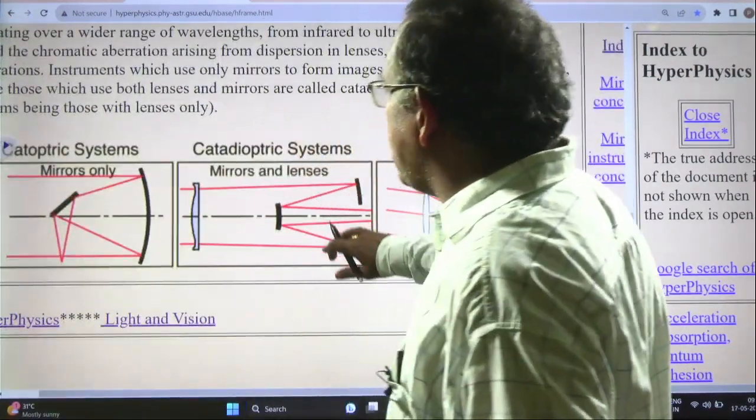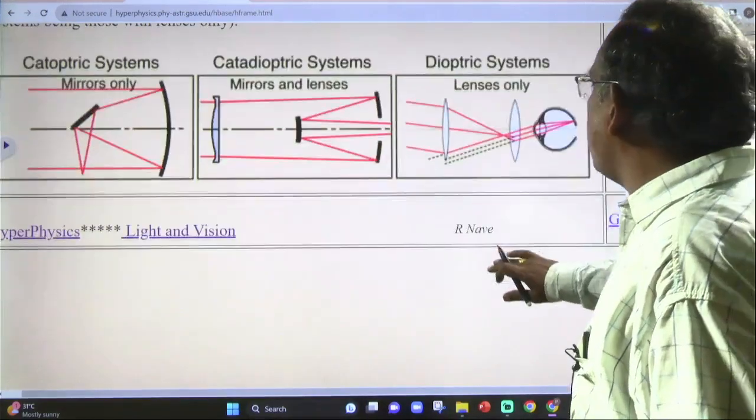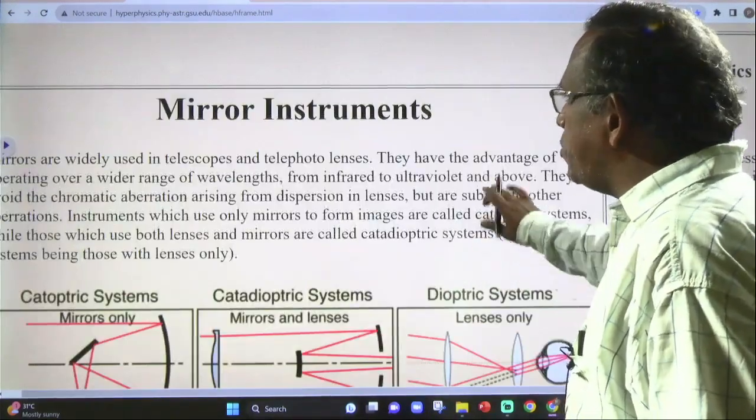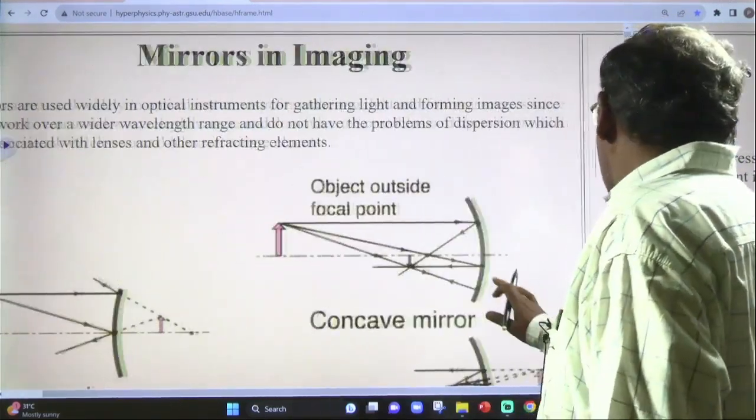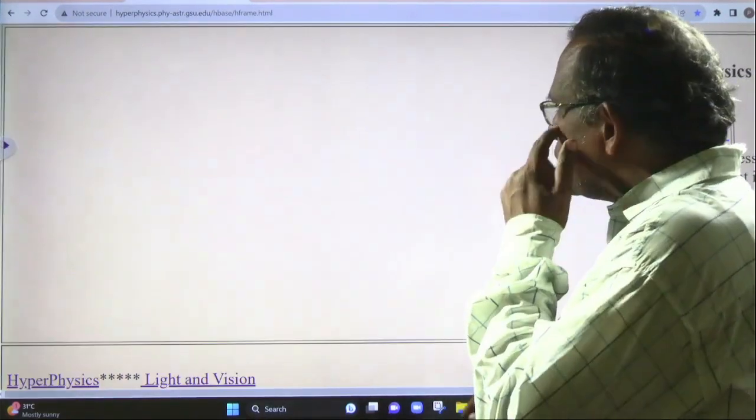Different systems we are going to use, of course this is beyond your course. Coming to the mirror concepts.